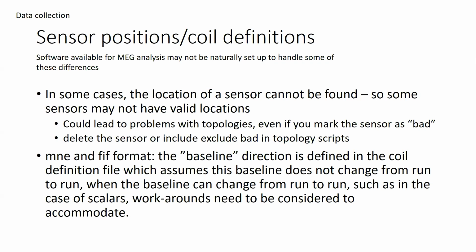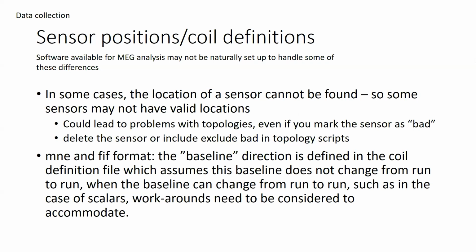A lot of software currently doesn't deal with that right now. I think it would be great if some of the available software would be able to recognize and exclude bad channels in the topography rather than for me to have to just delete the channel. I think that's something that could evolve in software that's currently more suited for SQUID than for the OPMs.